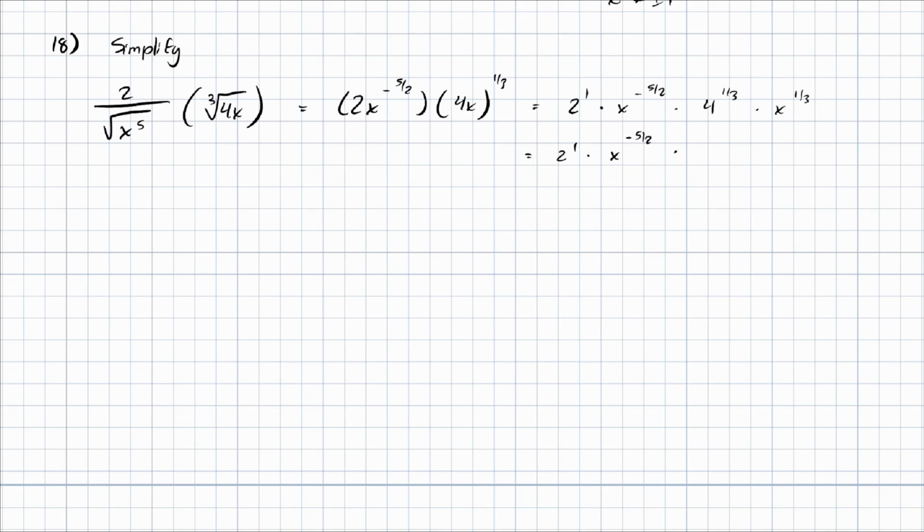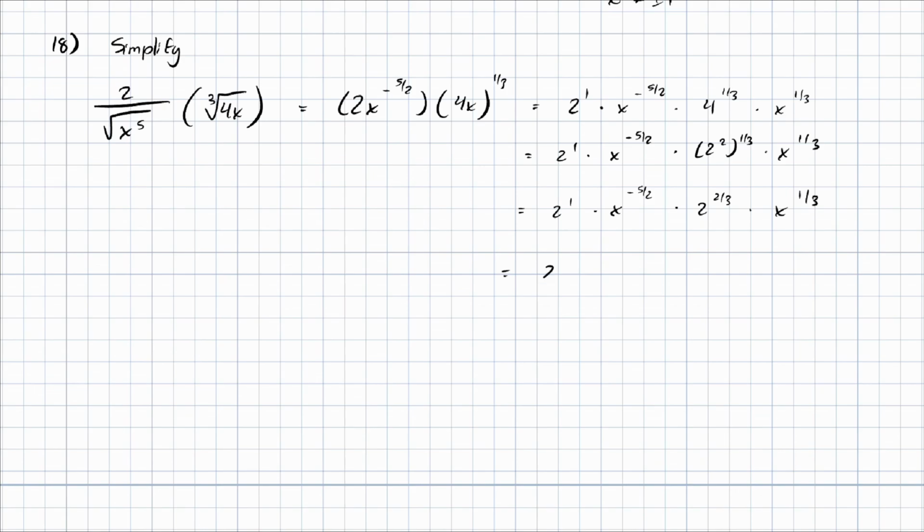I'm going to split this into 2 squared to the 1/3, x to the 1/3, and now I can write 2 to the 1 times x to the negative 5/2 times 2 to the 2/3 times x to the 1/3. Let me change that into a 3. That was an 8. Like so.